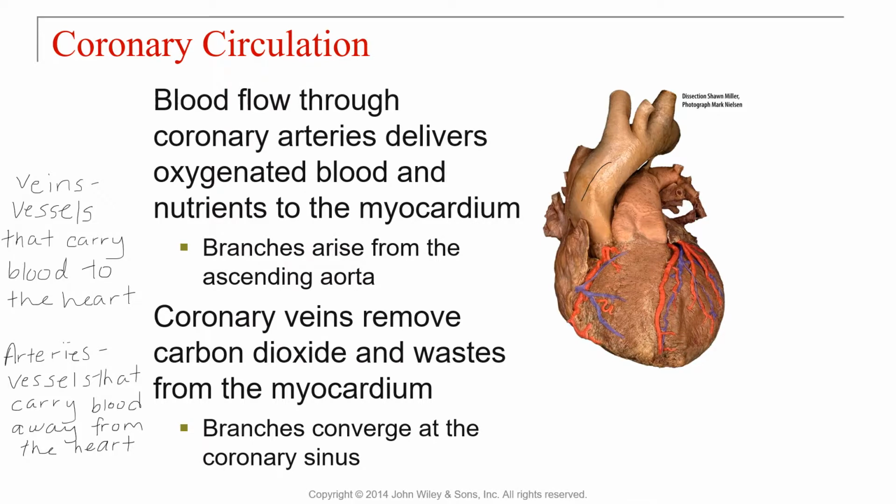So typically arteries are going to carry that freshly oxygenated blood and veins are going to carry deoxygenated blood, but just keep that in mind. For coronary circulation, veins are going to carry deoxygenated blood, whereas arteries are going to be carrying that oxygenated blood.